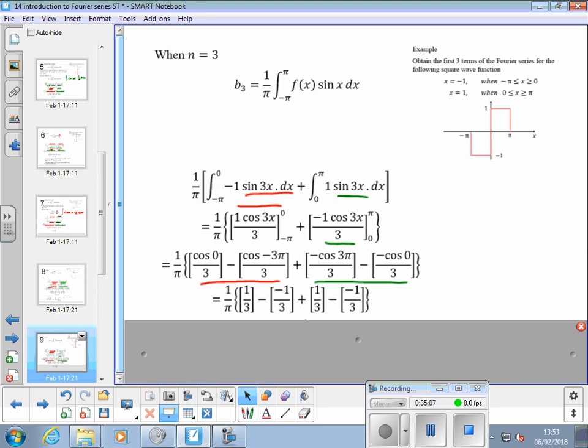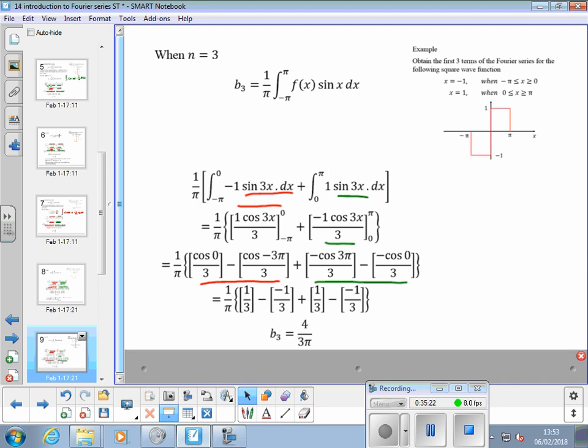So we've got a third, minus minus a third is 2/3, plus a third is 3/3, minus minus a third is another third, so that's 4/3. So the result is 4/3 pi. So the B3 coefficient is 4/3 pi. And then you can realise there's a pattern coming to this.